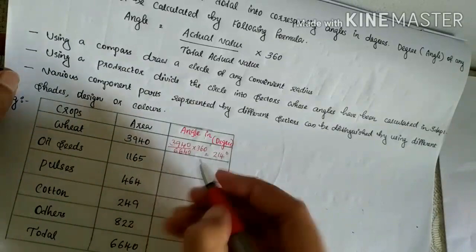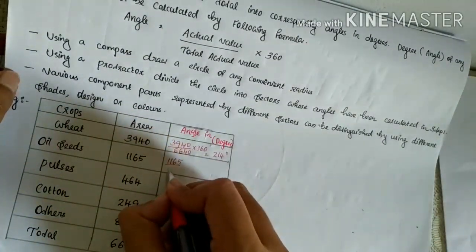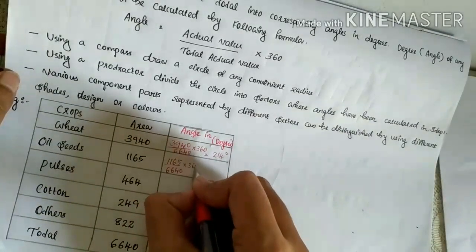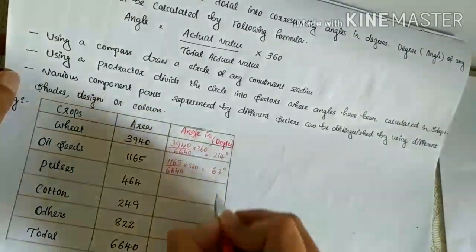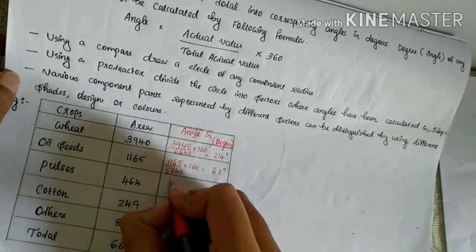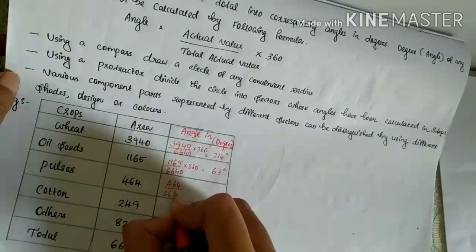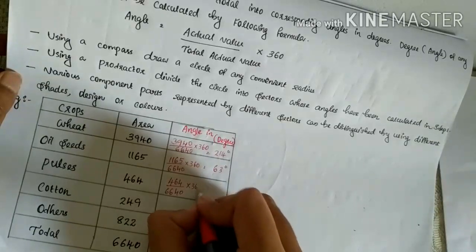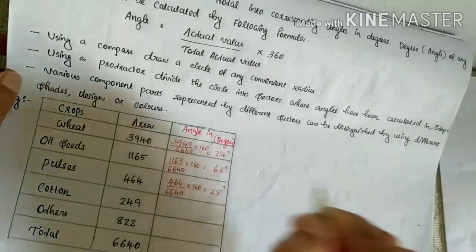Then next one, 1165 divided by 6640 into 360 is equal to 63 degree. The next one, 464 divided by 6640 into 360 is equal to 25 degree.